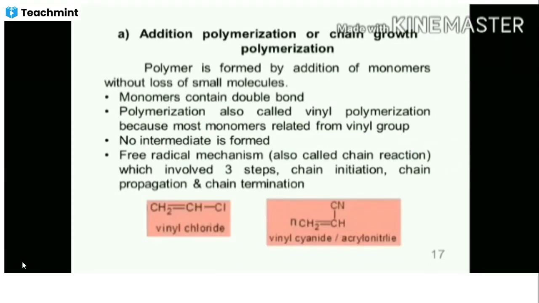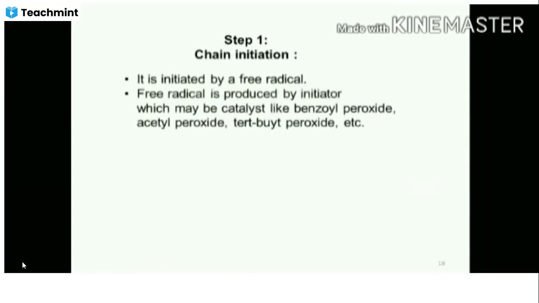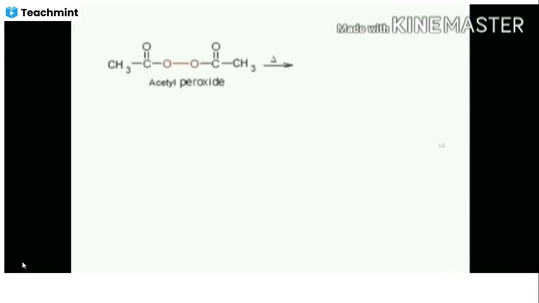Now, step first in free radical mechanism, chain initiation. It is initiated by a free radical. Free radical is produced by an initiator, which may be catalysts like benzoyl peroxide, acetyl peroxide, tertiary butyl peroxide, etc. Example, acetyl peroxide produces methyl radical. This is the acetyl peroxide.